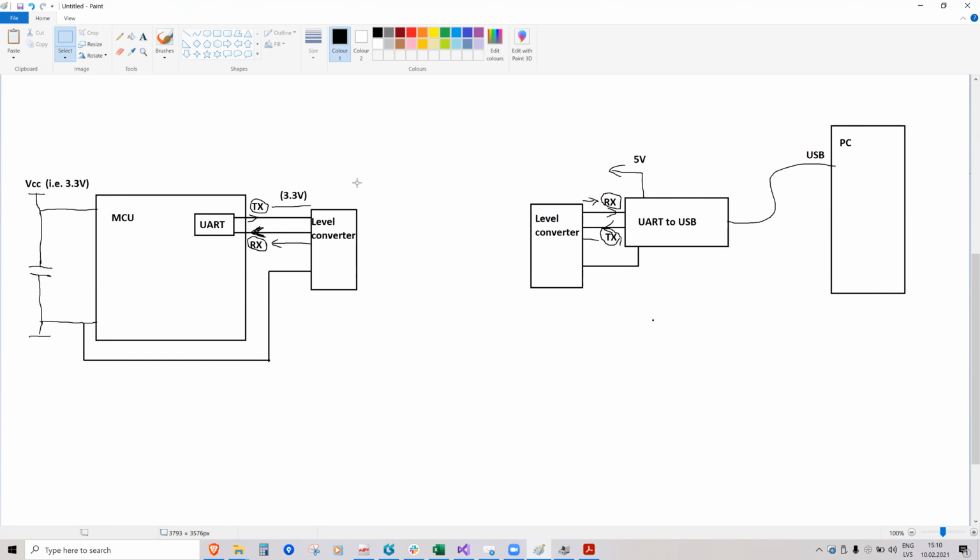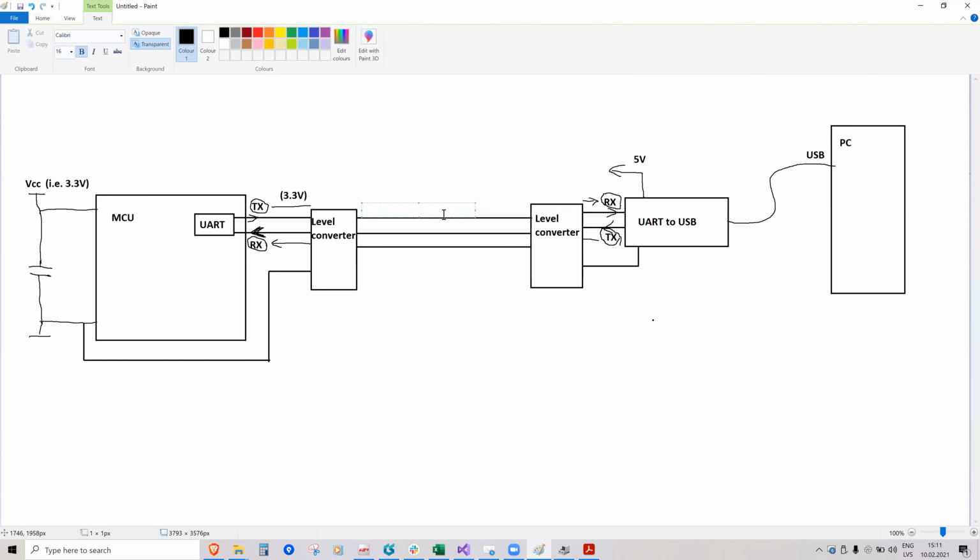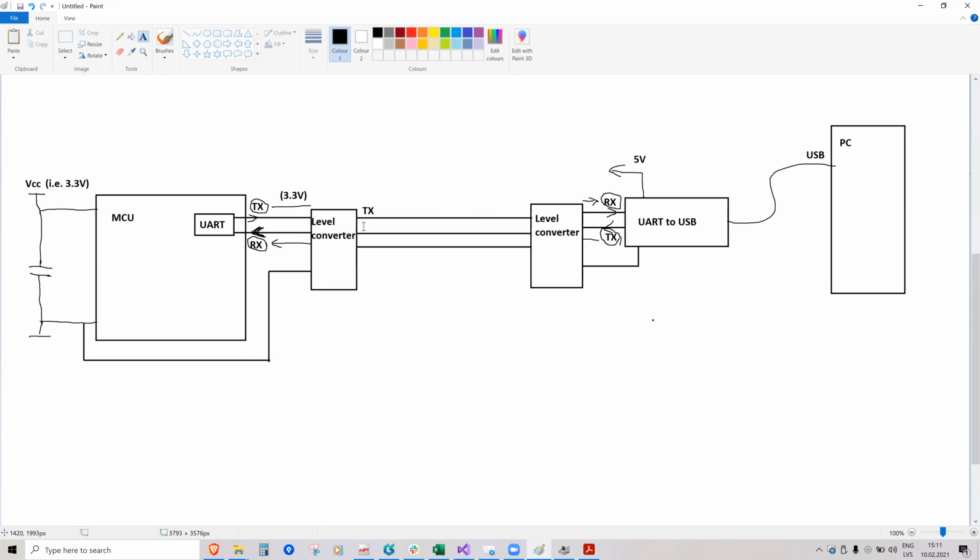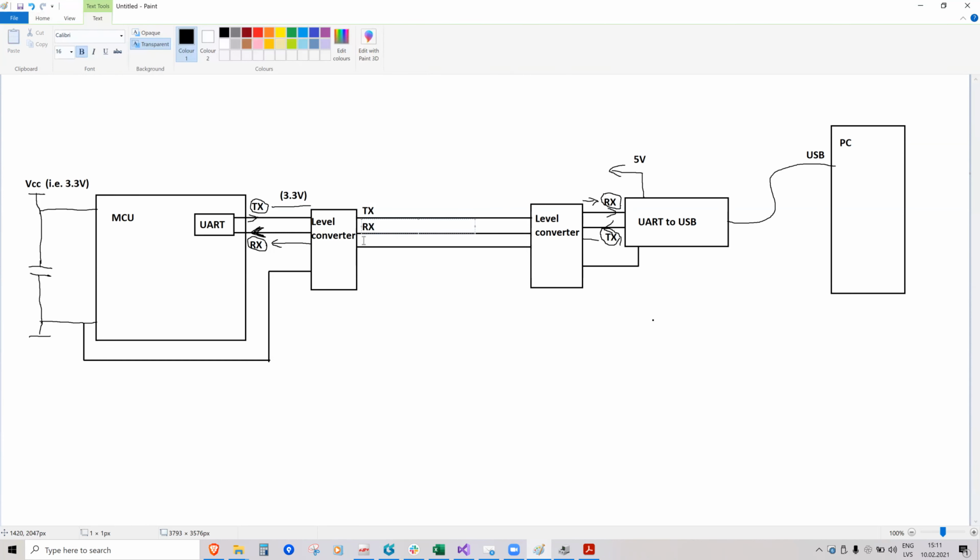The cable still has the 3 lines, TX, RX, and ground, but at least the levels are synchronized. So I'll just write it here. TX, next line is RX, and like next is ground. And here RX, TX, and ground.